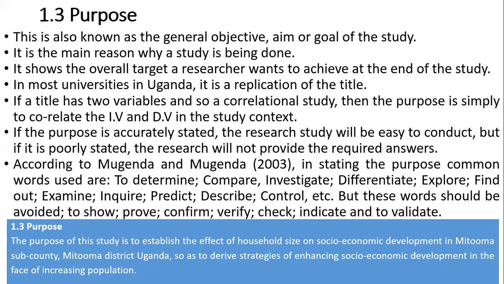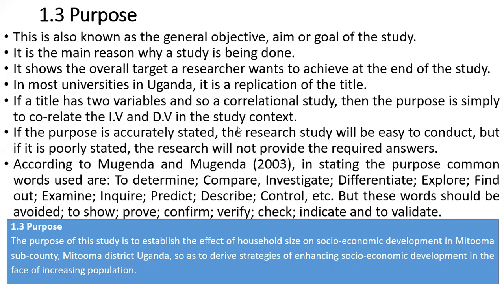So you can explain further as the theory explains, but the big conclusion you want to come up with is that. So we said, according to most universities, the purpose is a replication of the title. If it is accurately stated, the research study is easy.